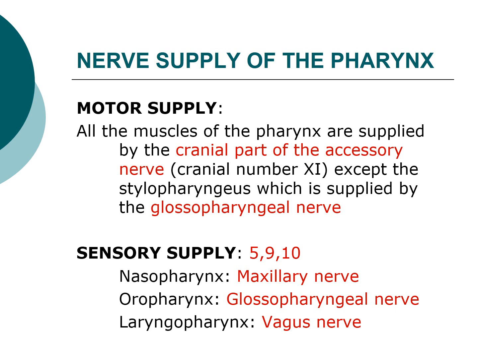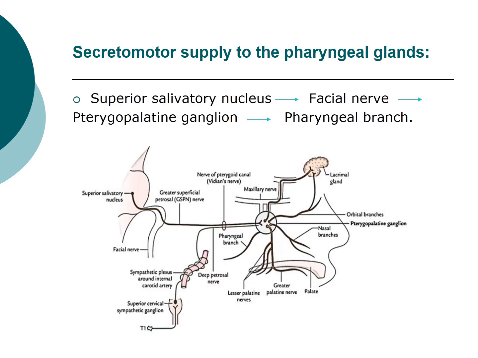What about the secretomotor parasympathetic supply to the pharynx? The secretomotor fibers come from a nucleus in the pons, in the brain.